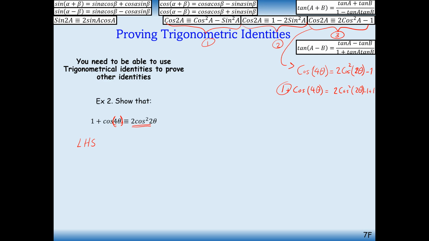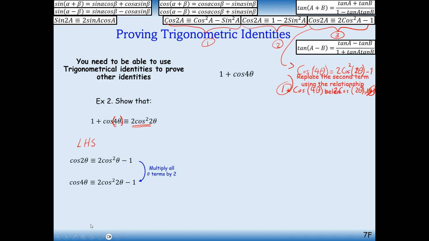Because we added this 1 to both sides, this plus 1 and minus 1 cancel away, and that looks now like our right hand side. We started with the left hand side here, we said we're going to multiply the angle by 2, so then we end up with this expression here.